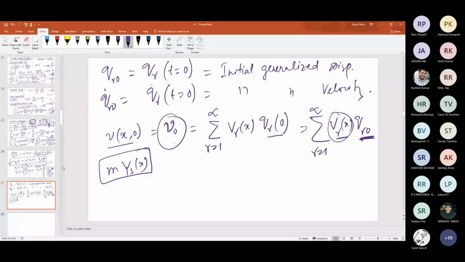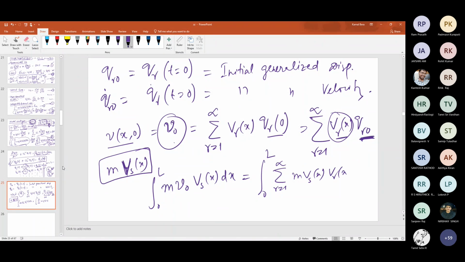On the left hand side you will get integral of m v0 V_s(x) dx, which is equal to, on the right hand side, again integral of 0 to L of m, summation r equal to 1 to infinity, V_s(x) V_r(x) dx into Q_r0.